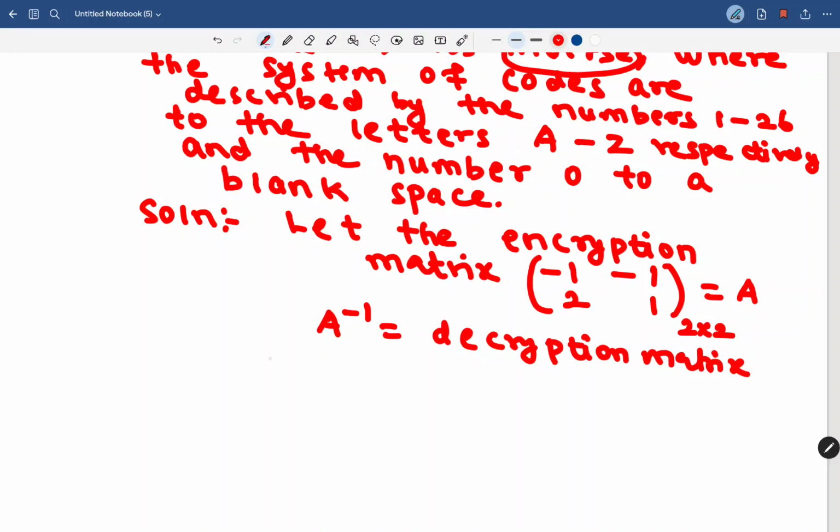We know very well A inverse is nothing but 1 by det A into adjoint A.